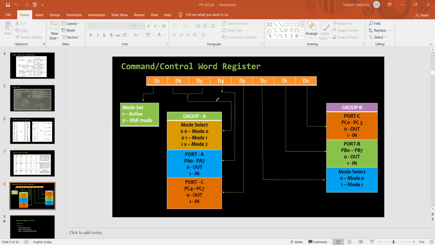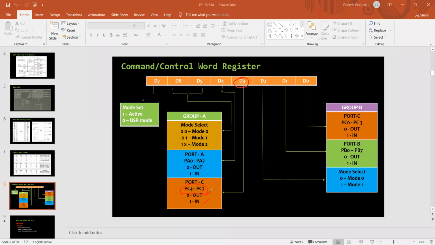Okay, so D3 bit. This D3 bit will control the port C, which is PC4 to PC7, the port C operation, whether it has to operate as an input port or output port. If the value is 0, then it acts as the output port.